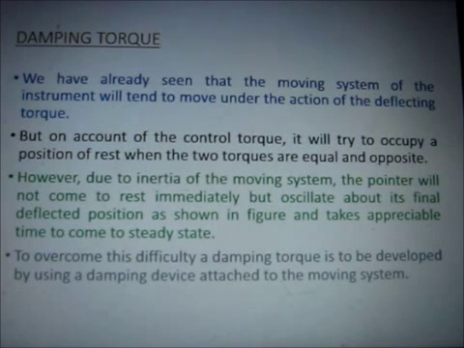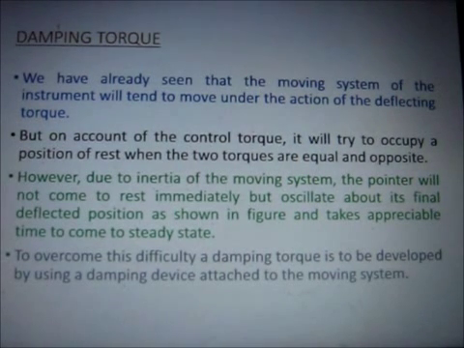Now the third type of torque is the damping torque. We have already seen that the moving system of the instrument will tend to move under the action of deflecting torque, but on account of control torque, it will occupy a position of rest when the two torques are equal and opposite.